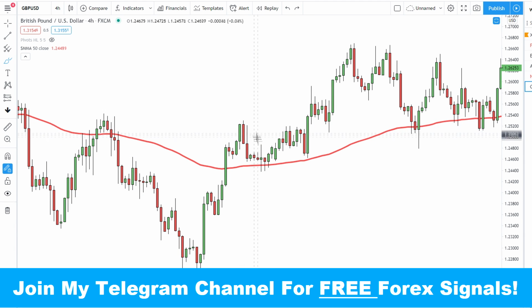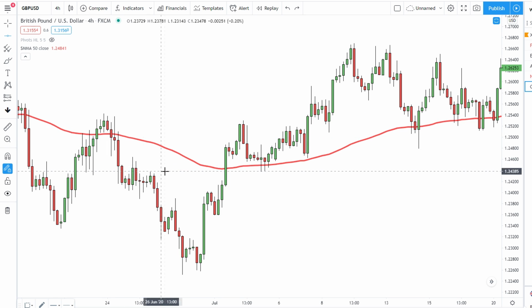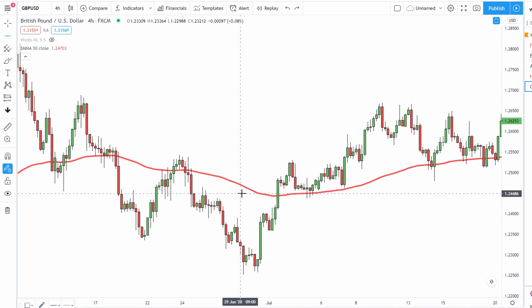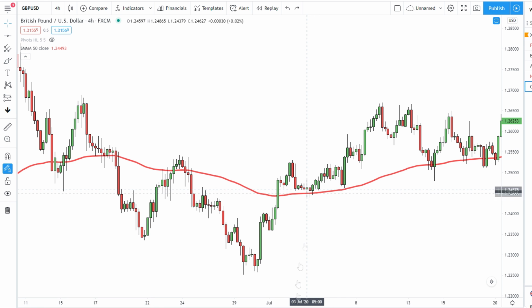So price came here, this is the retest, and also if you use this little tool here, the horizontal line, and you put it here, this is a key level because price came here, touched, went up, came here, touched again, dropped. So we broke above and now we're at this level. This was just something additional.